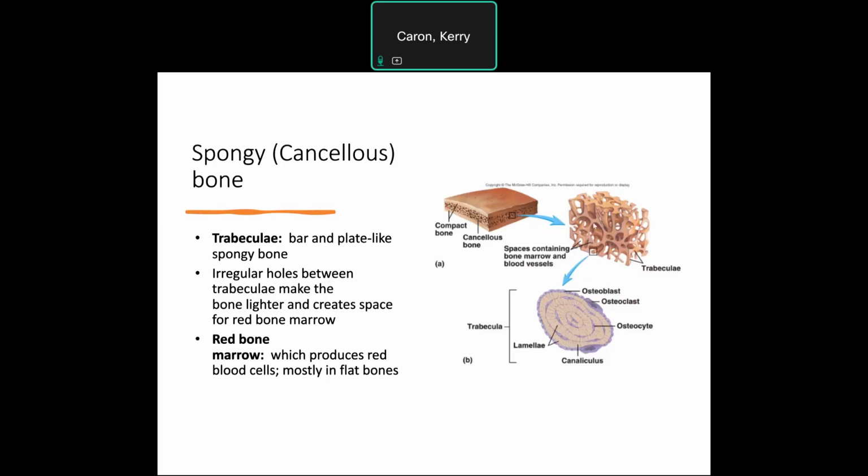And those irregular holes between the trabeculae creates a space where bone marrow is, red bone marrow is. And our red bone marrow produces red blood cells. And most of this is done in flat bones. Okay, so flat bones, most of this is done in flat bones.